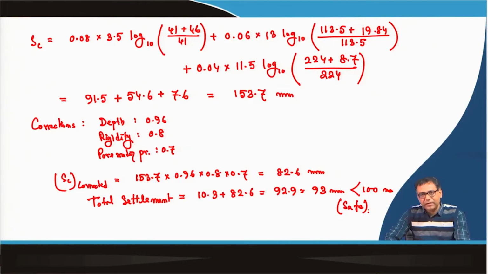That means once you get this dimension, you can go for the soil foundation interaction part that I have discussed, and then you can determine the bending moment, shear force and the other parameters. Remember that in this particular course I have discussed only the beam resting on elastic foundation, because I have given the concept of soil foundation interaction; the detailed discussion is not the scope of this course.